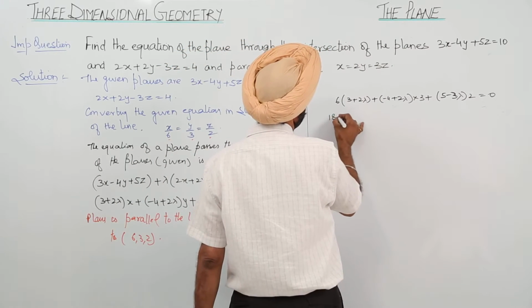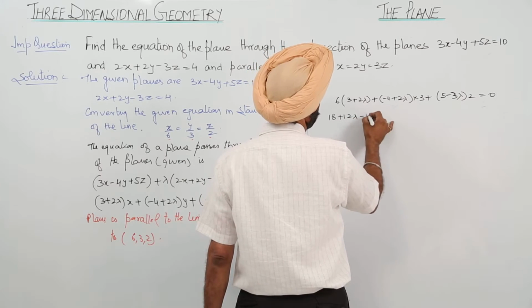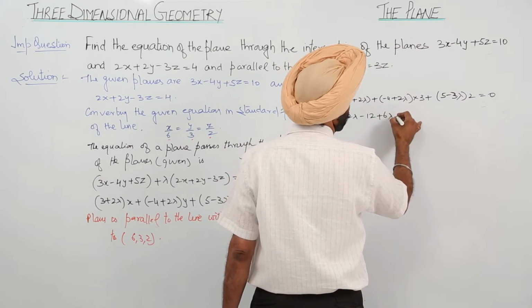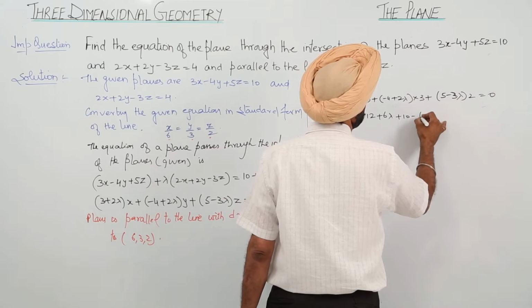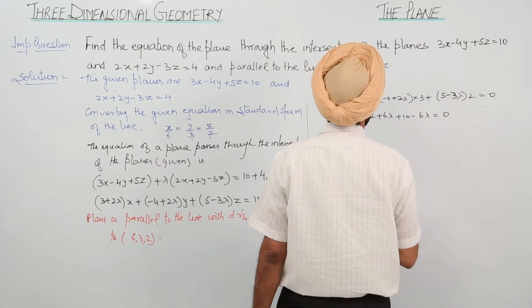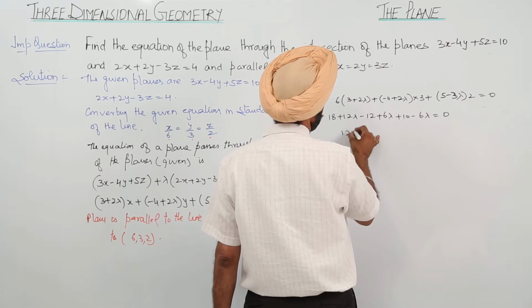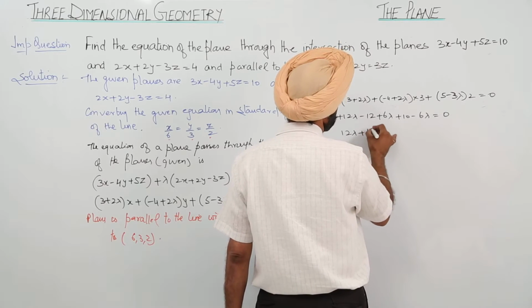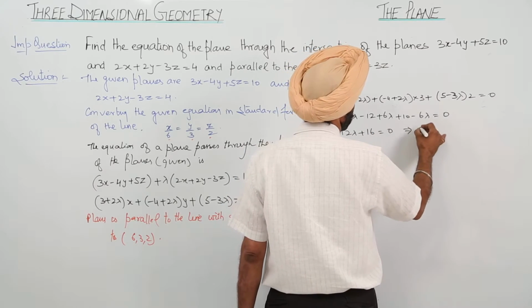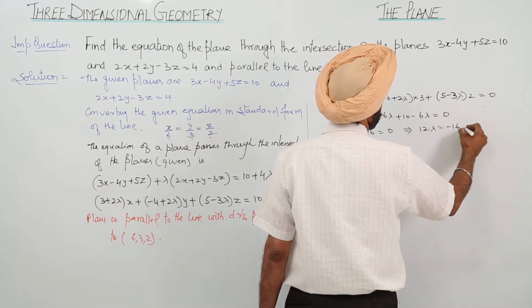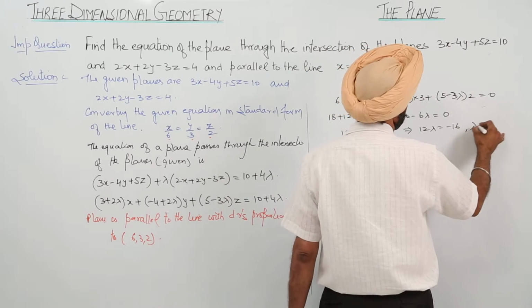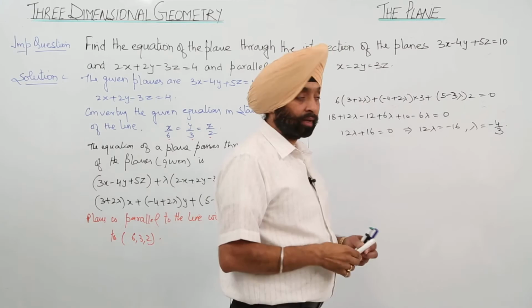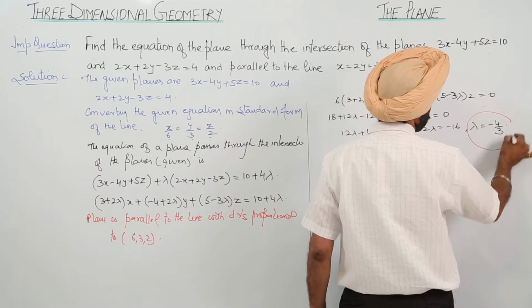This becomes 18 plus 12 lambda minus 12 plus 6 lambda plus 10 minus 6 lambda is equal to 0. Now we are having 12 lambda, then 18 minus 12 is 6, plus 10 is 16, equal to 0. This implies 12 lambda is equal to negative of 16, and lambda is equal to minus 4 upon 3. So we got lambda as negative of 4 upon 3.